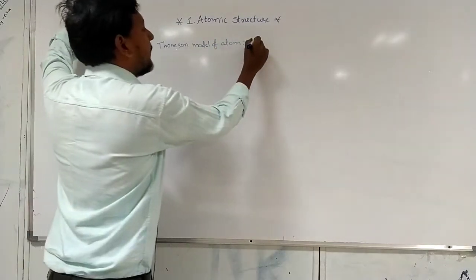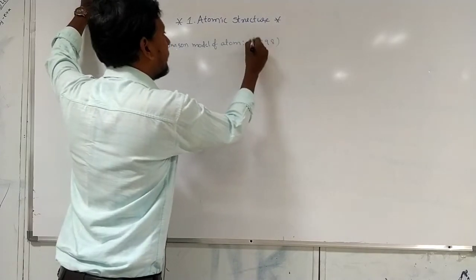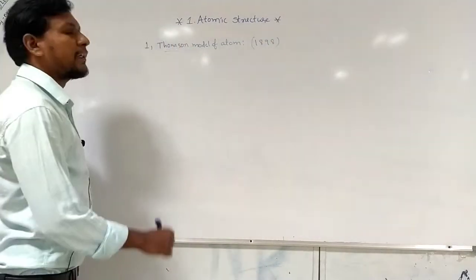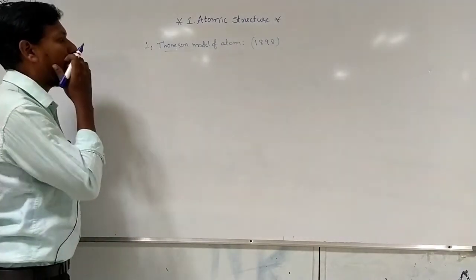In 1898 Thomson proposed the atomic model, that is the Thomson atomic model.